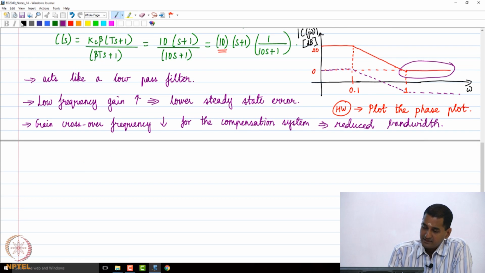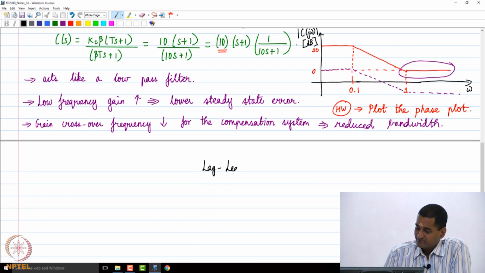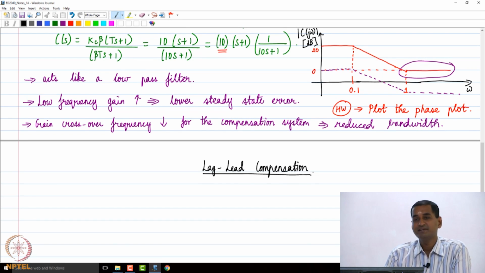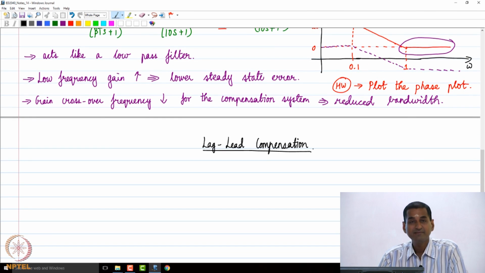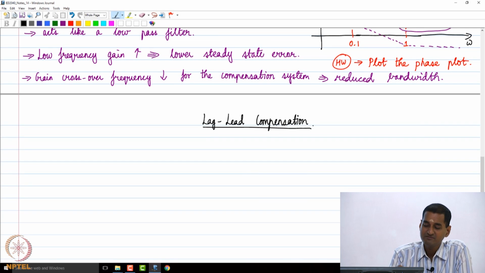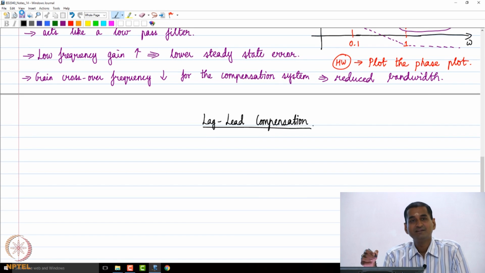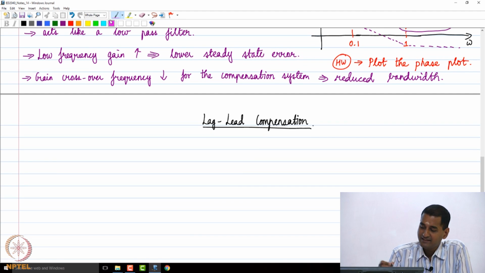So, if you want to combine the advantages of both a lag compensator and a lead compensator, while addressing the limitation, sometimes people use what is called a lag lead compensator. So, what is this lag lead compensator?